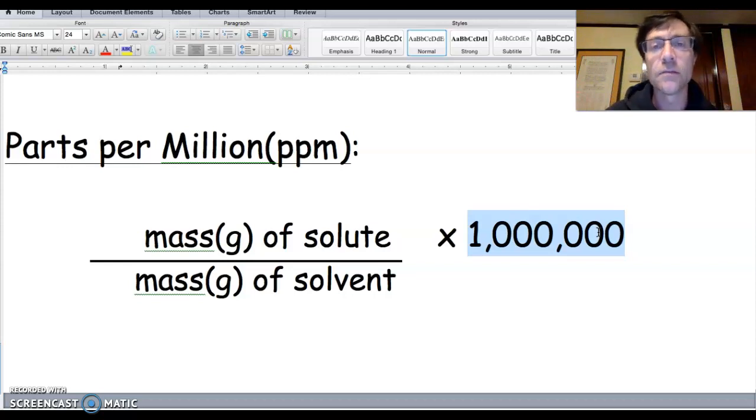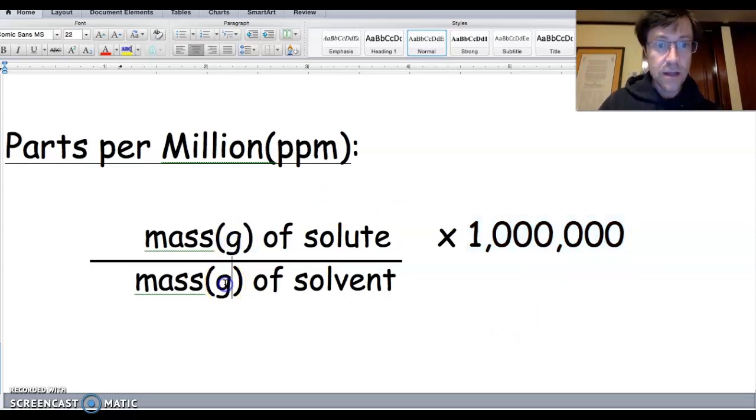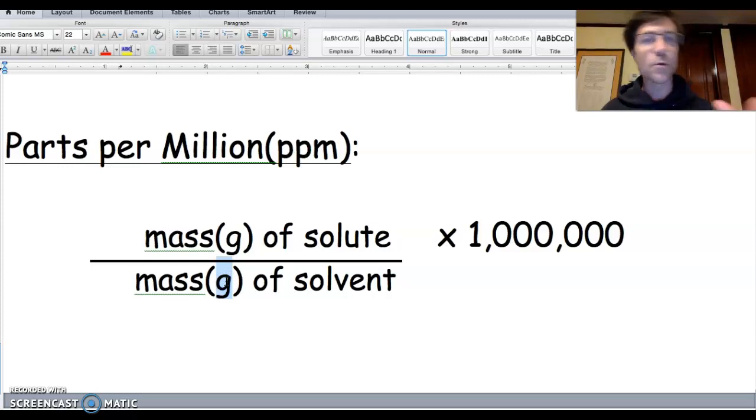So we call it parts per million. Kind of cut and dry. The only thing I want you to notice here is that here and then there we got grams. These two things are grams and then grams. So parts per million is basically a percent multiplied by a million instead of 100.